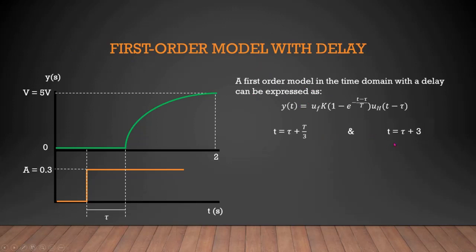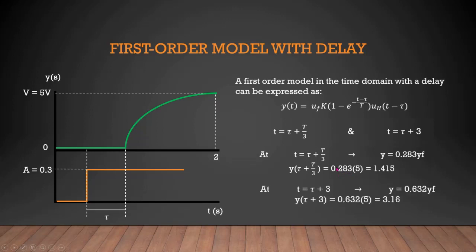Those are time points, and when you substitute those time points in the expression, we have that when the time is equal to this time point, the response reaches 28.3 percent of the final value, and when the time is equal to this time point, the response reaches 63.2 percent of the final value.